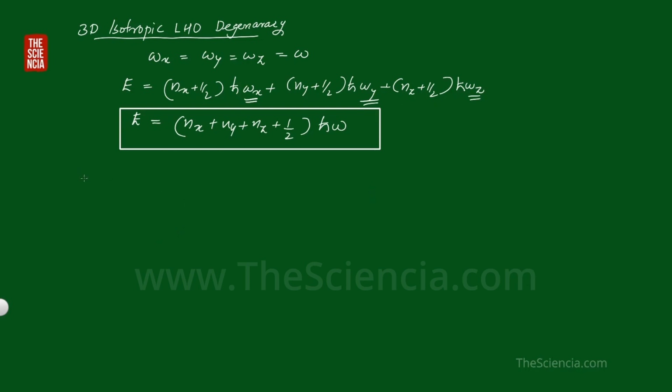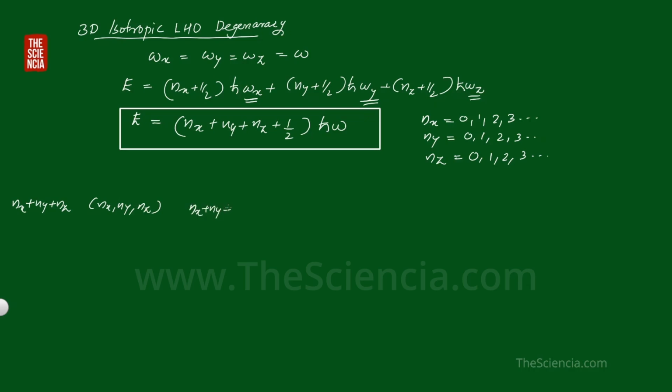Now we have to find out the degeneracy. And here you can see the nx can have values 0, 1, 2, 3, etc. And ny can have values 0, 1, 2, 3, etc. And nz also can have values 0, 1, 2, 3, etc. So you have to make a table, that is nx plus ny plus nz, nx comma ny comma nz, and nx plus ny plus nz plus 3 by 2, in increasing order.